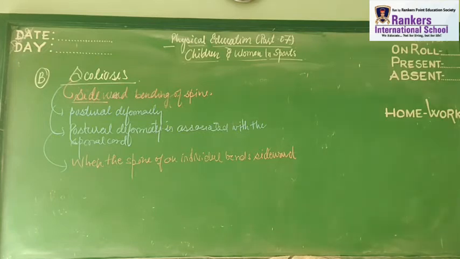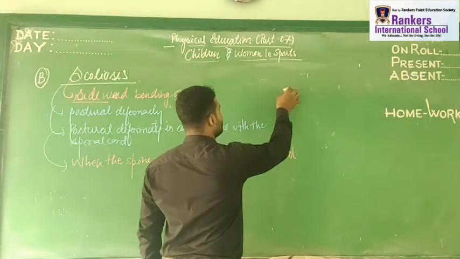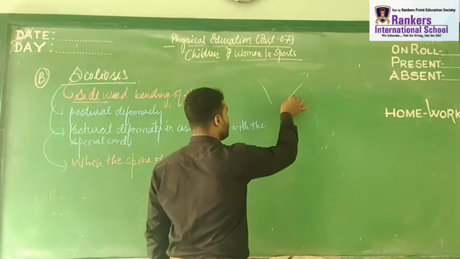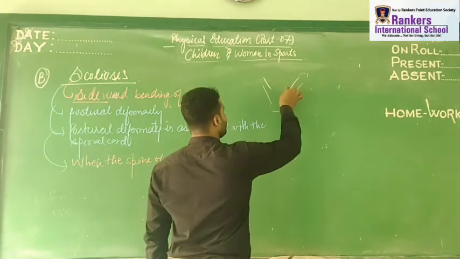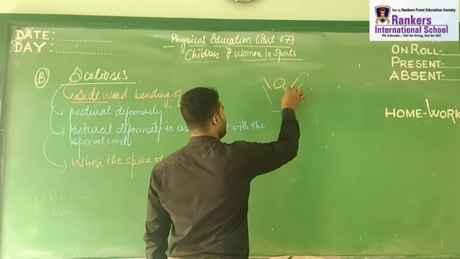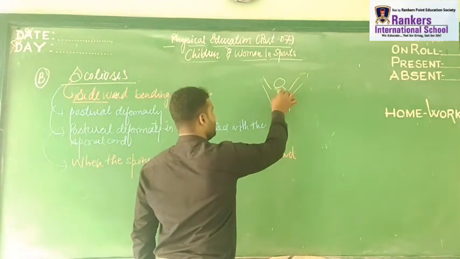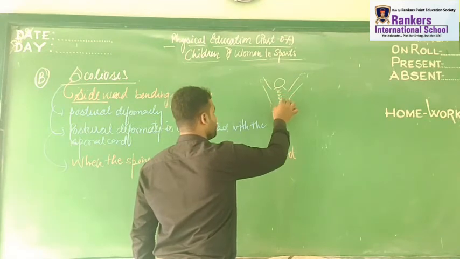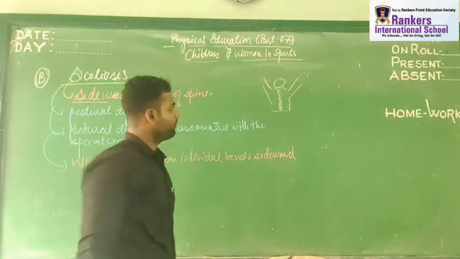Okay, so let's make a diagram of scoliosis. This is the postural deformity. So basically, let's say this is an individual, right? And this is the spine, right? Let's suppose this is the spine.